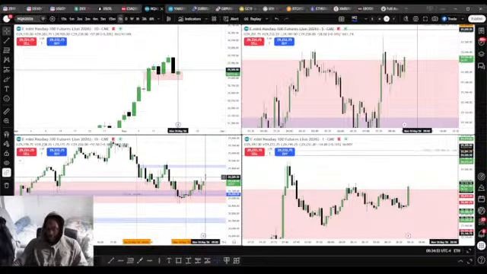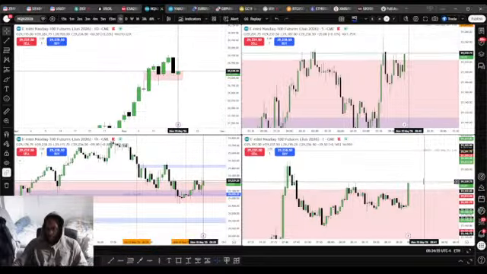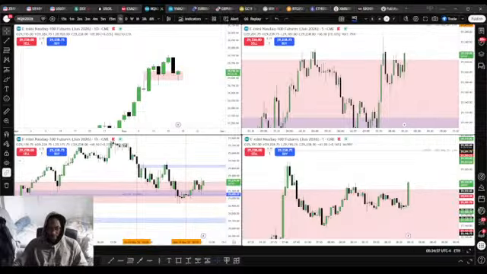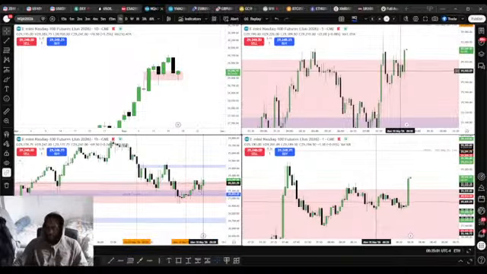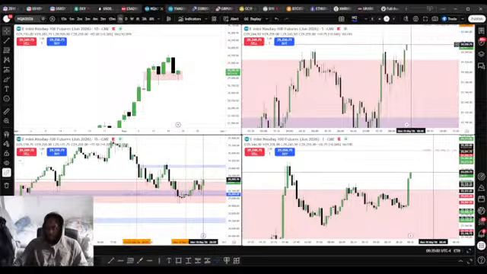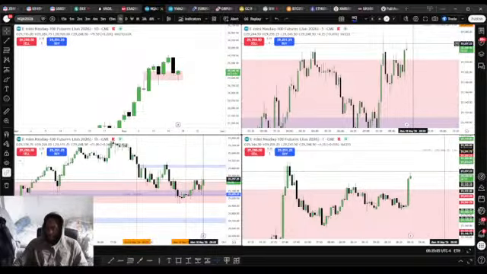Hourly time frame, we have this high there. Looking at the midpoint on the 5-minute time frame.